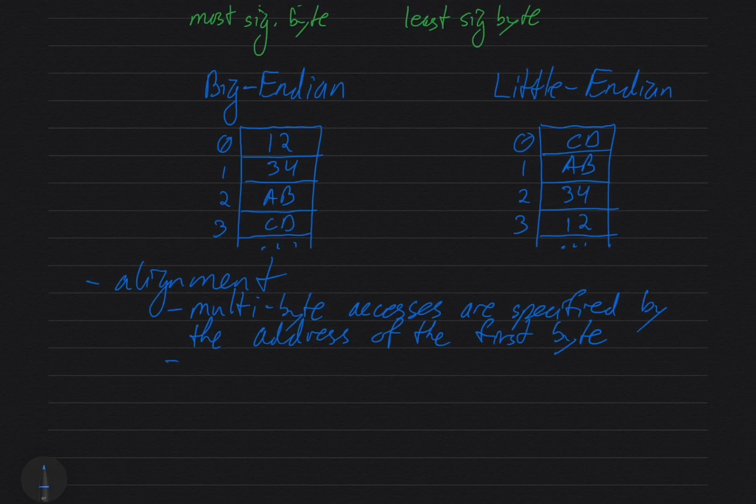Some processors require that if you load a 4-byte value, it starts at an address that is a multiple of 4. If you load a 2-byte value, it needs to be a multiple of 2. If it's a 1-byte value, well, it can be at any location. So this concept is that they're naturally aligned.